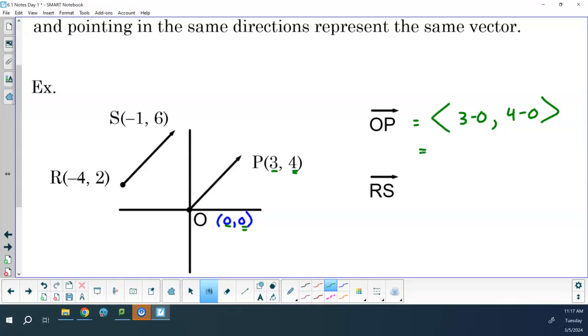Means that this is the vector 3, 4. Everybody see how I did that? I took the x component of the head and I subtracted off the x component of the tail. I took the y component of the head and subtracted off the y component of the tail.